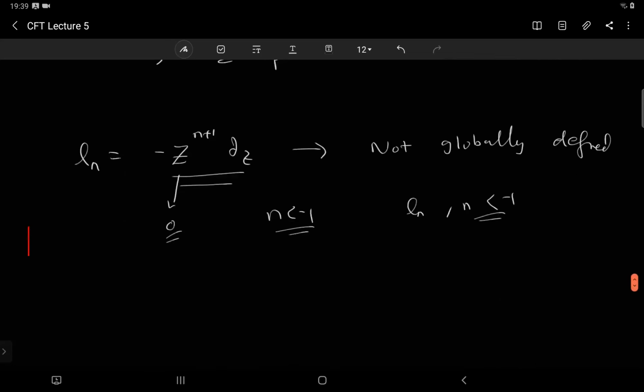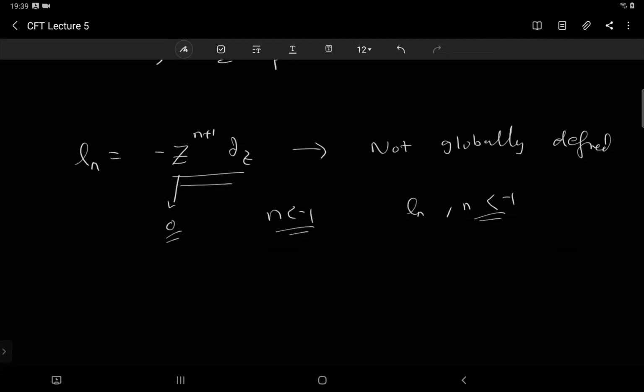So that's what I'm saying, that these functions are not well defined everywhere. For instance, if n is less than -1, it is not defined at z equal to 0. I'm saying exactly what you are saying. If I expand around z equal to z naught, then this is well defined. The negative ones are well defined, but not around z equal to 0, and that is true for n less than -1.